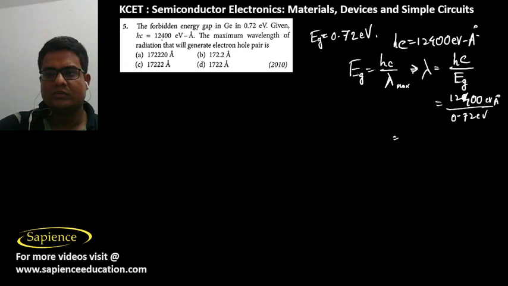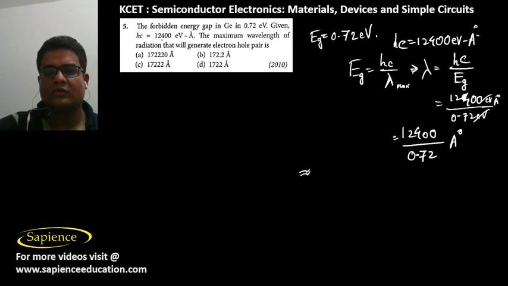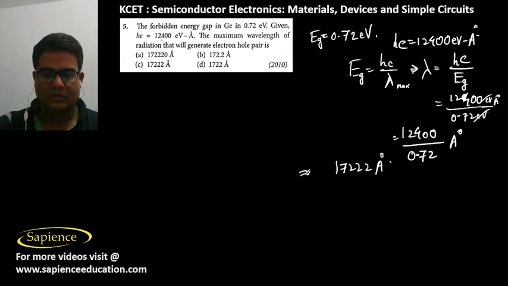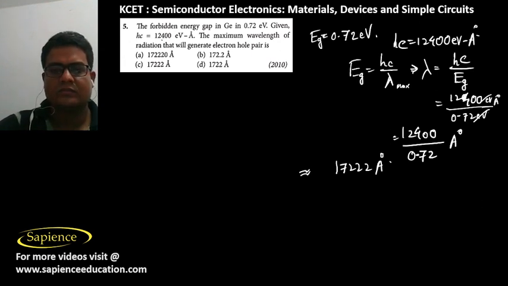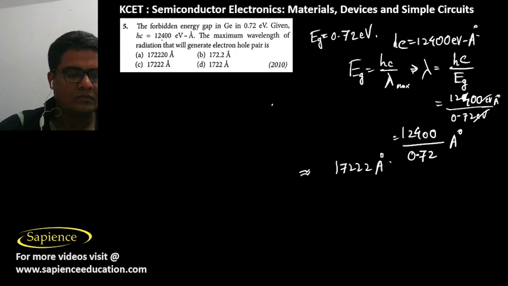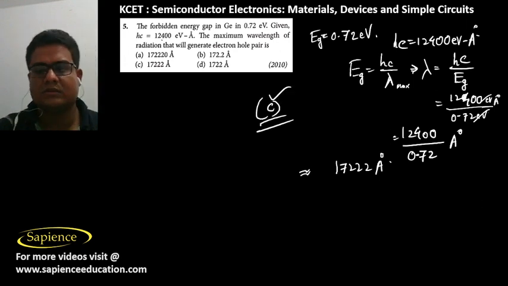Electron volt will cancel, so 12400 divided by 0.72 Angstrom, which is equal to 17222 Angstrom. So option C is the correct answer.